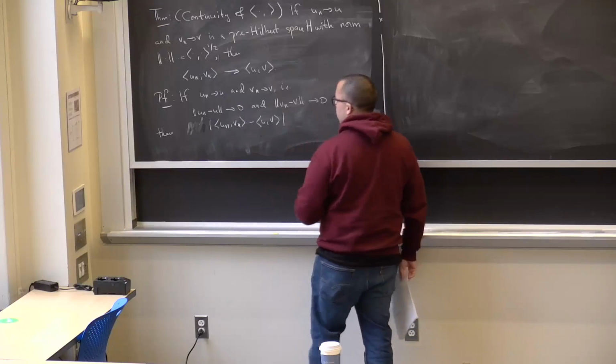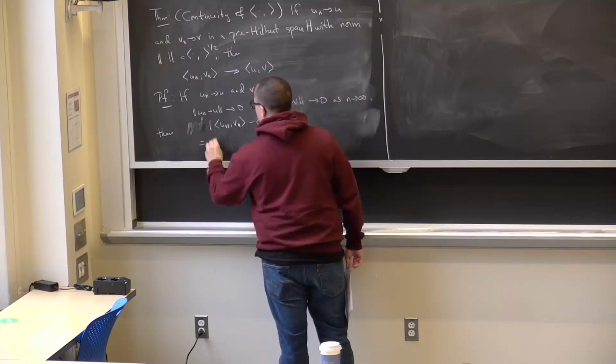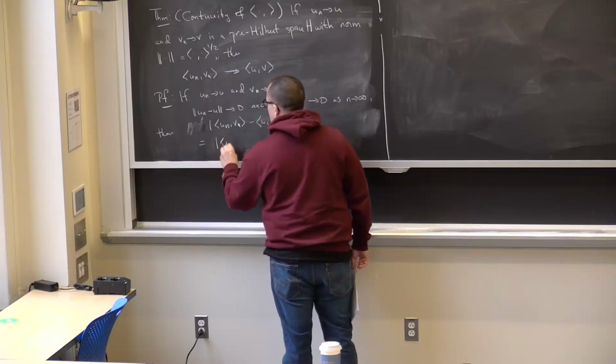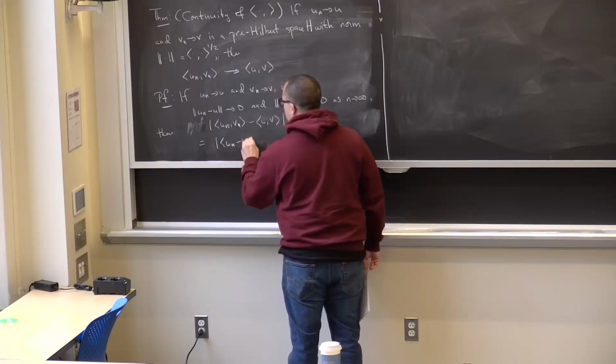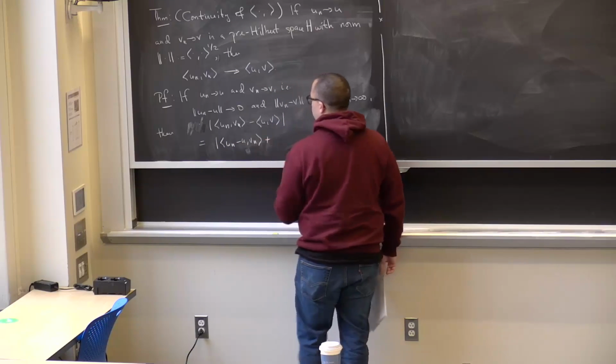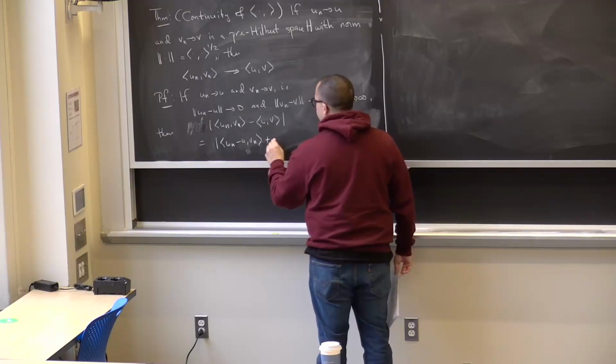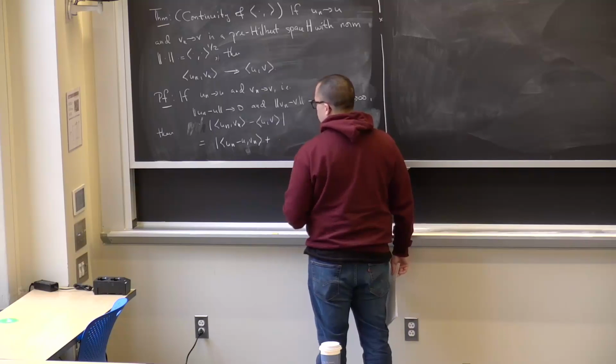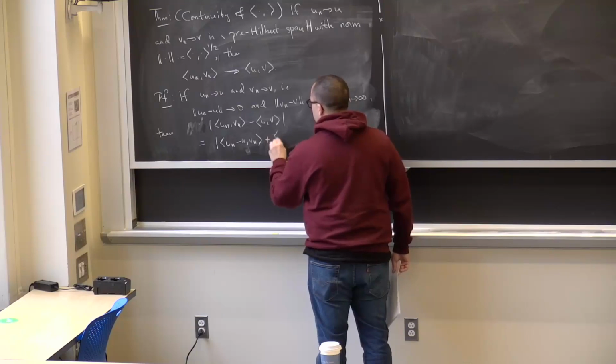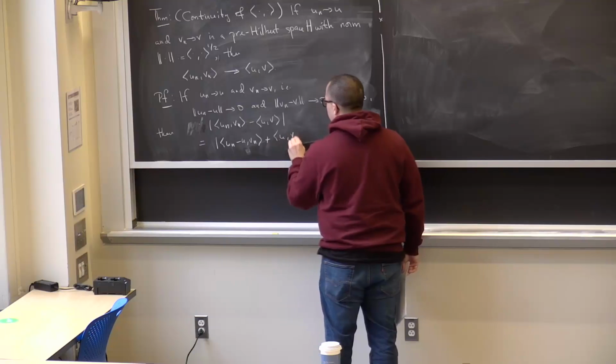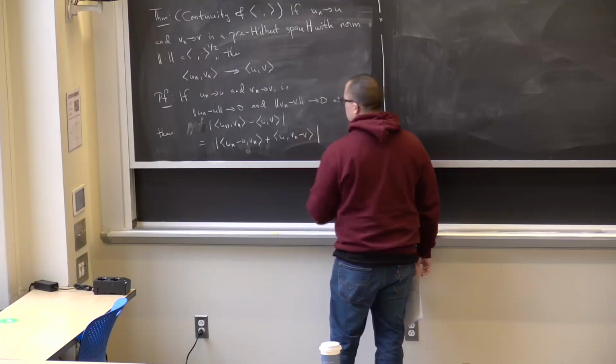Okay, so this is equal to the inner product of u_n minus u with v_n, plus the inner product of u with v_n minus v.